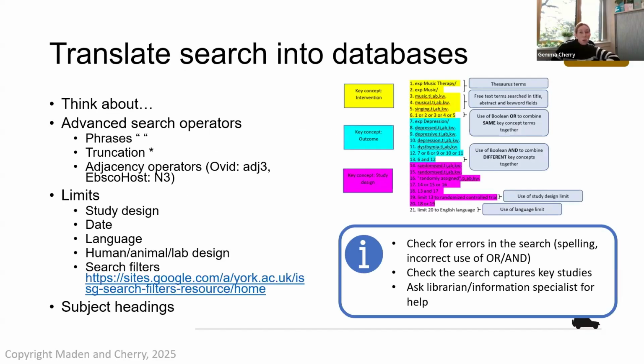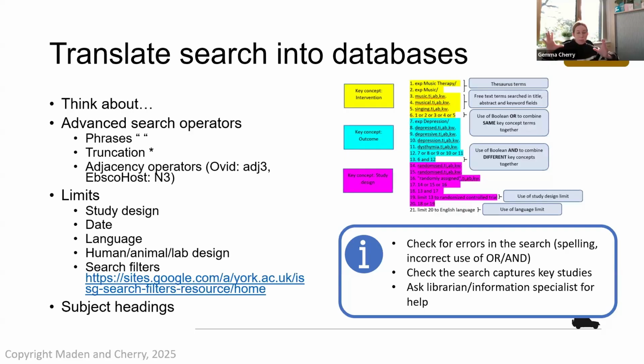This is getting a little bit more complicated here, but essentially what you then want to do is think about how to translate your search to search the different databases that you identified early on. Different databases have different ways of categorizing or indexing studies.